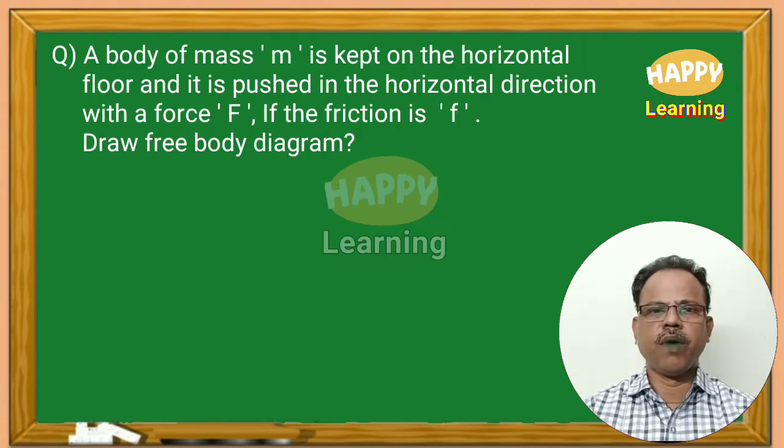A body of mass m is kept on the horizontal floor and it is pushed in the horizontal direction with a force F. If the friction is F, that is small f, draw the free body diagram.